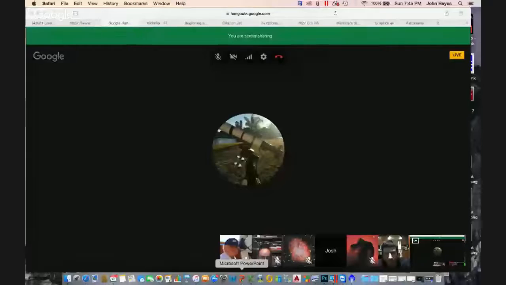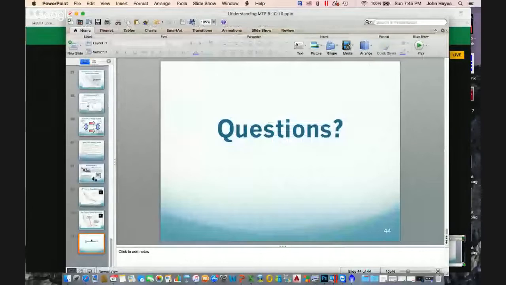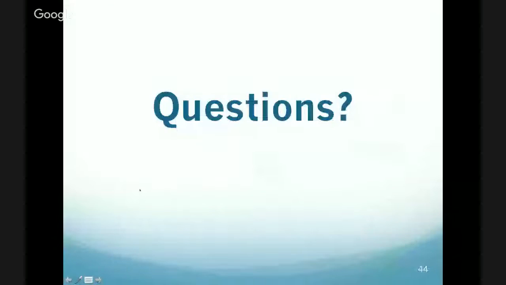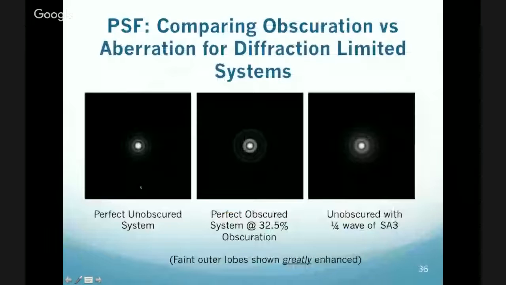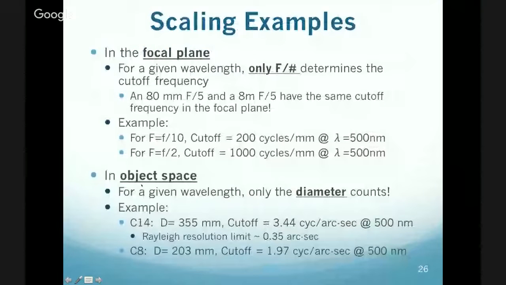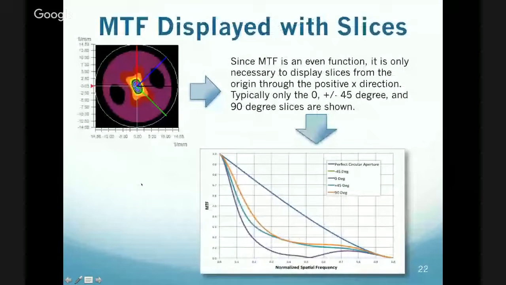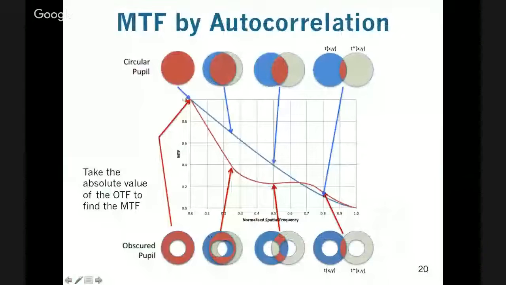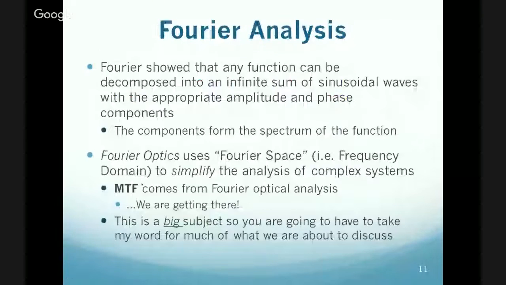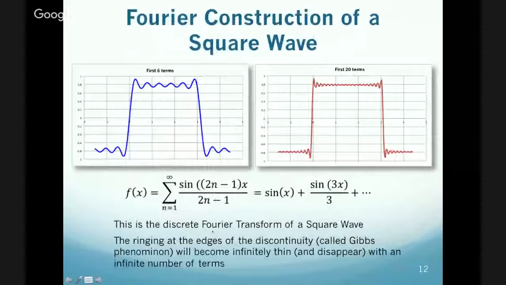Let me pull up the screen share again, and let me show you a slide that I think may help. Let me roll back, and let's go way up here. This is the one I wanted you to remember. This is what a square wave looks like when we include mostly the low frequency components.